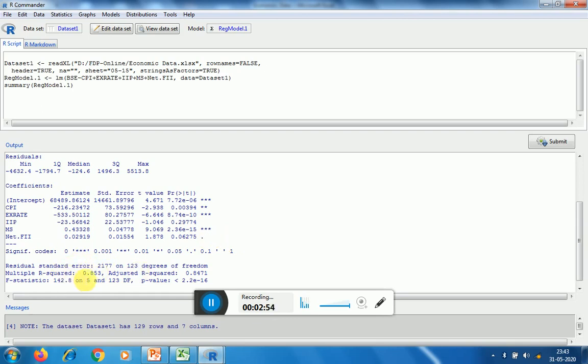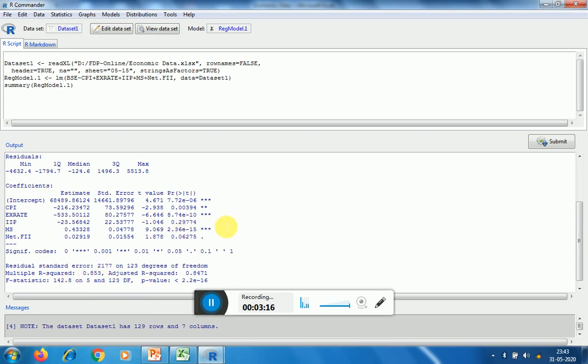Then here multiple R squared is 0.85, so this is very good. We can say the F statistic is 142.8 and the P value is very low, so the goodness of fit criteria is fulfilled. R square is also good.